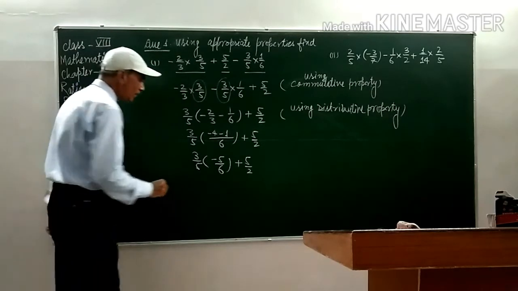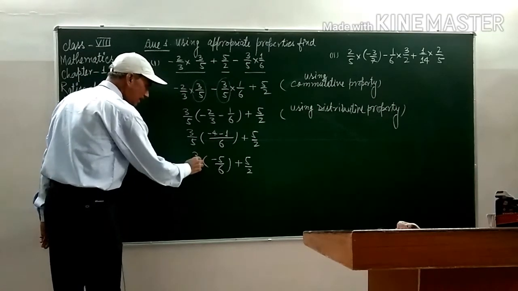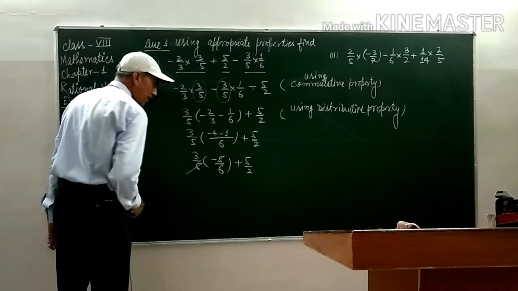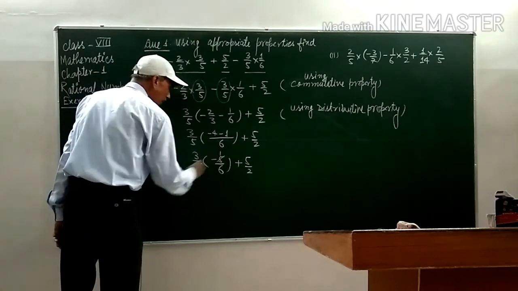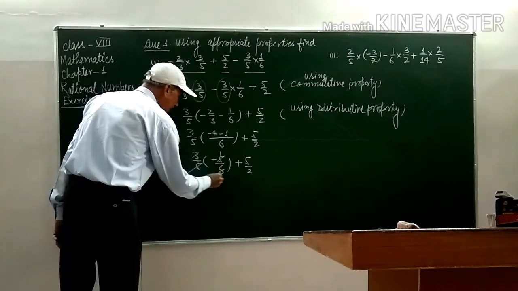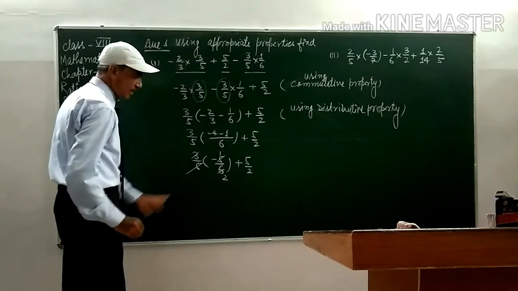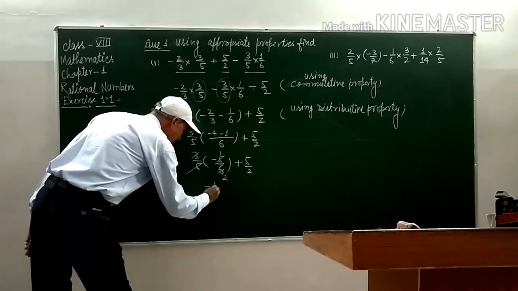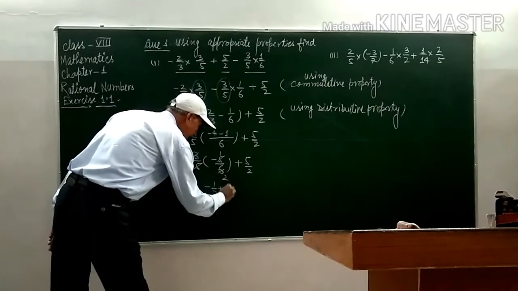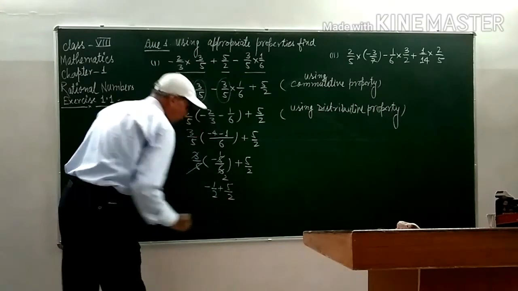Again in this step, because there is a sign of multiplication, we reduce this denominator with this numerator. Here 1, this one minus 1, and 3 times 2 is 6. Clear? So here is minus 1 by 2, and again the number 5 by 2.